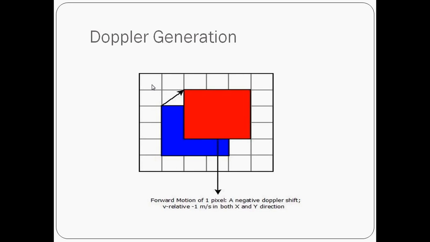So this is a very crude procedure to actually model the Doppler effect, but this is the only way. So what I do is I take the block which has been detected with the object block which has been detected in the current frame.